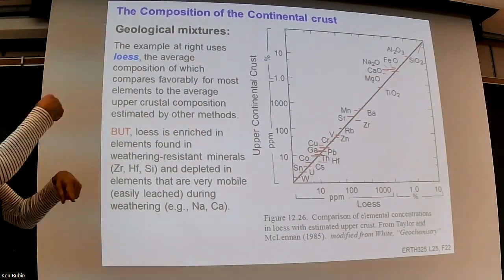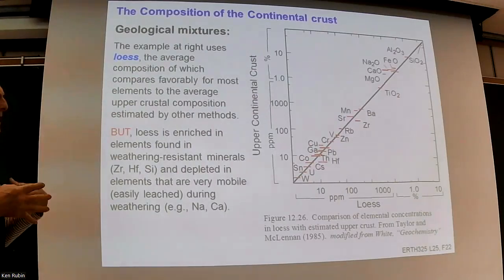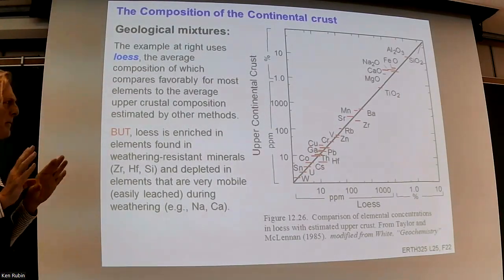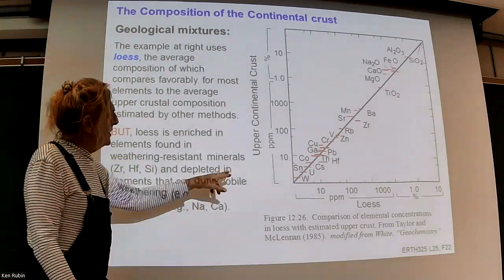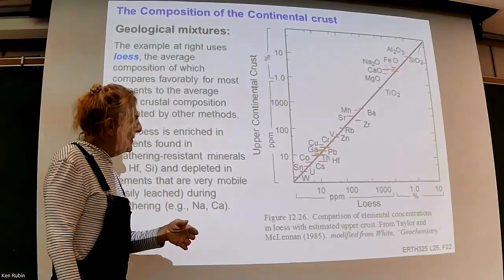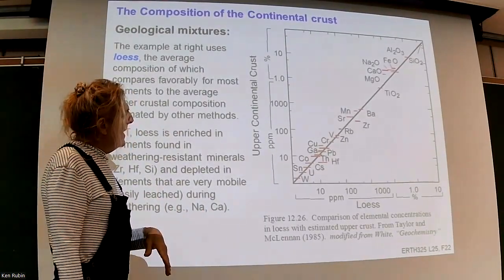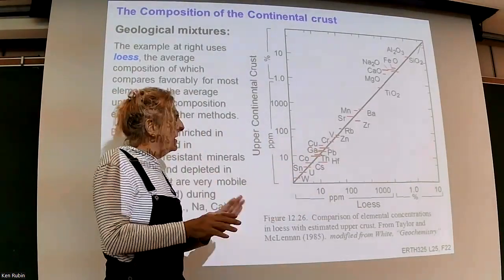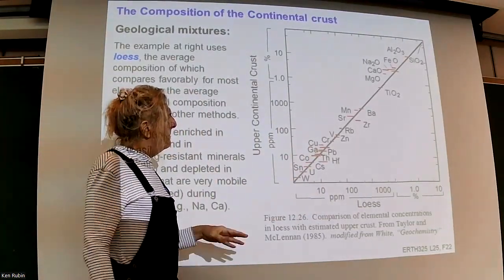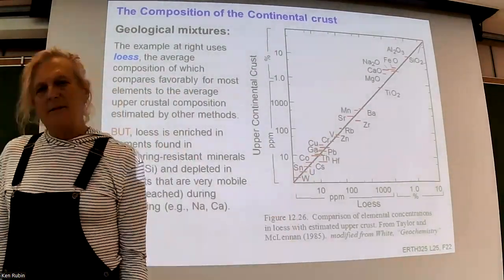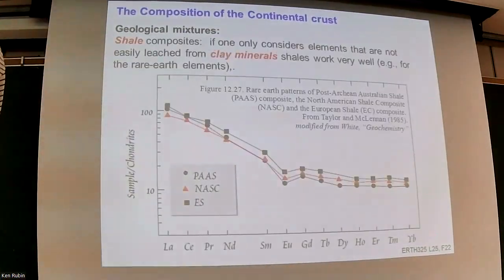So it's a little bit of circularity in these arguments, but over time, there are several well-cited, commonly used estimates of what the upper continental crust is made of, right? Taylor McLennan is one of them, and there's a couple of others, and in part it is based on this, right? So the fact that they correlate with each other is, like I say, a little bit circular, but suffice it to say that this is a good archive of the crust.